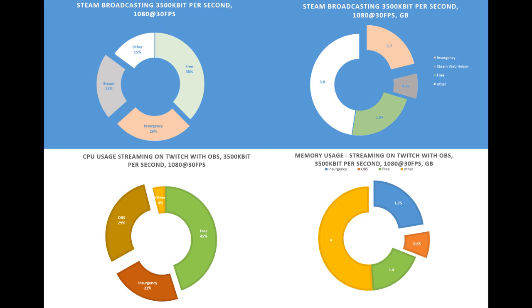And the data values are as follows. Insurgency, 1.7 gigabytes. Steam Web Helper, which was an app launched by Steam, I believe for no other reason than to help with the broadcast, 660 megabytes. Stayed consistent and exactly the same throughout all of the broadcasting.